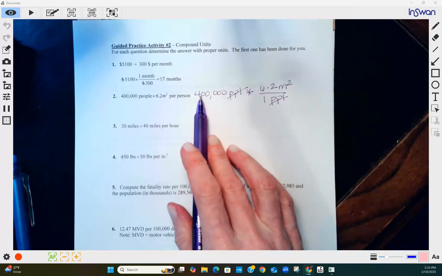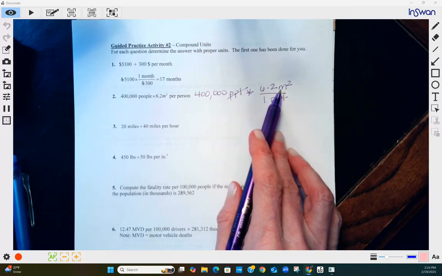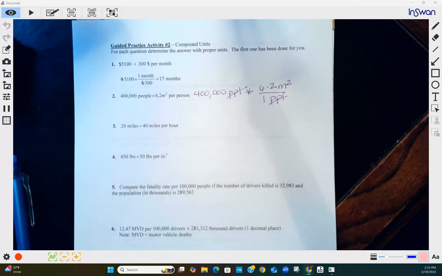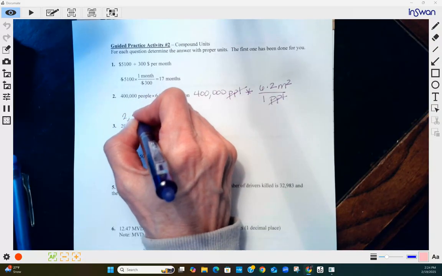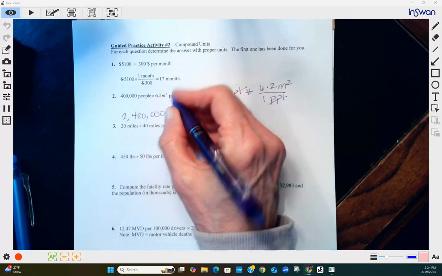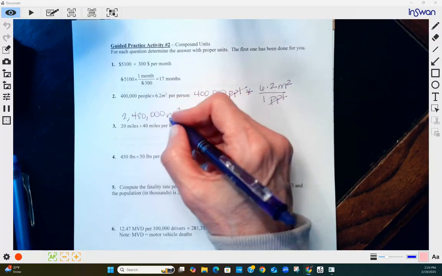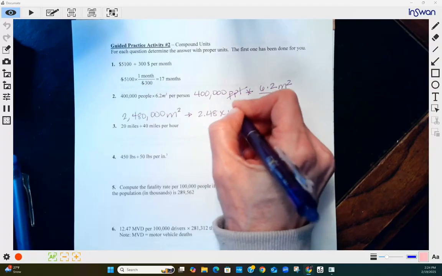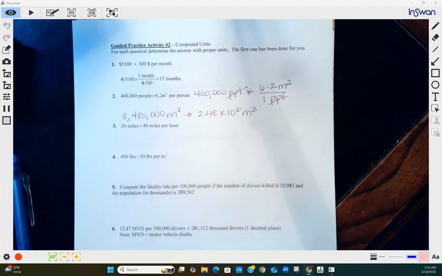So you're still just doing the calculation, still 400,000 times 6.2. The difference is just what's the unit of your answer, and the people and the person, that's the same unit, that would cancel. You actually get 2,480,000 meters squared, which again, it's million, so you can write that as 2.48 times 10 to the 6 meters squared if you want, that's the same answer.